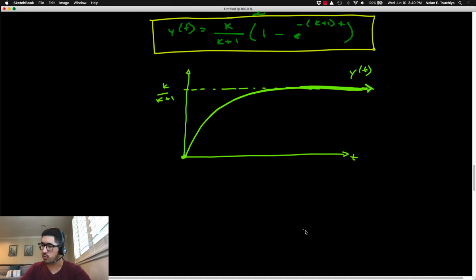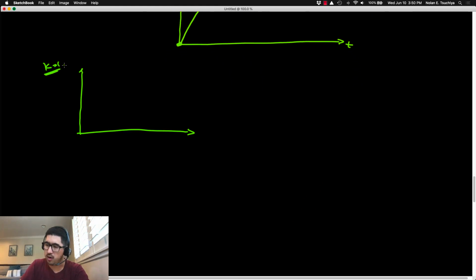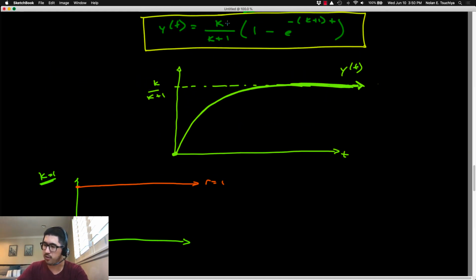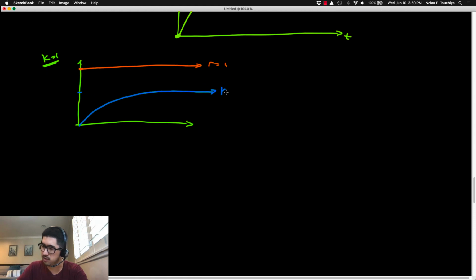For k equal to 1, our reference hasn't changed. We're always trying to track a value of r equals 1. This is what we want to be tracking. So when k is equal to 1, our final value is actually just 1/2, right? It's k over k plus 1, so it's 1 over 1 plus 1. And our rate of decay is like e to the minus 2t, okay, when k is equal to 1. So that might look something like this, right? So this is k equals 1, and this is y of t for k equals 1.